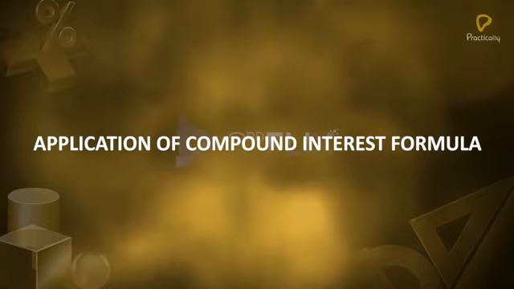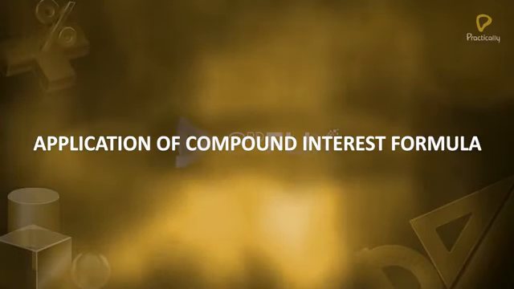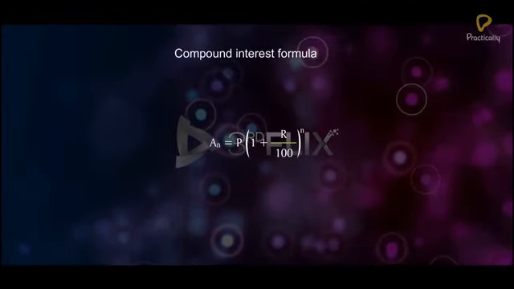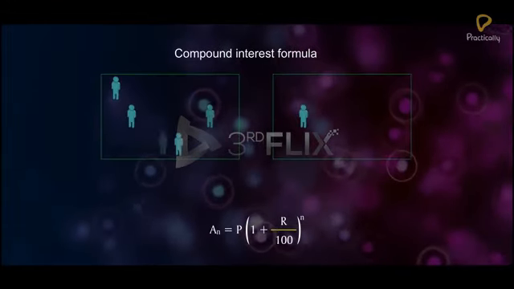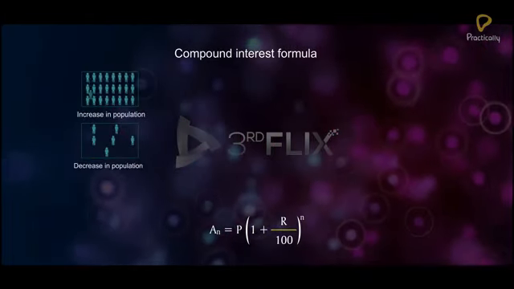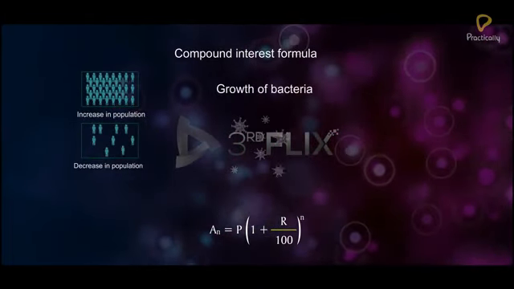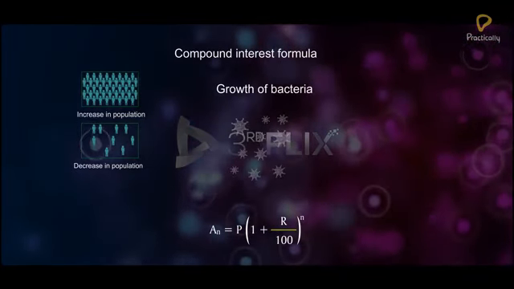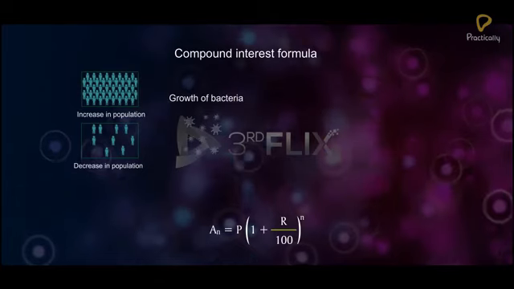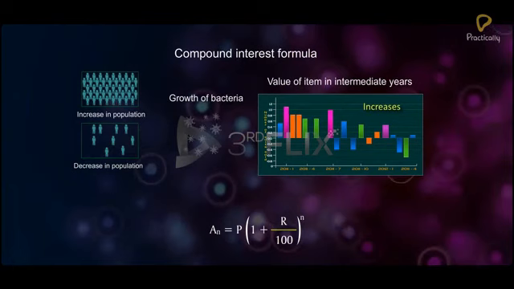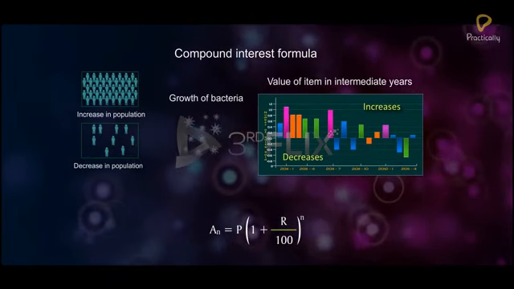Application of compound interest formula. Some of the applications of the compound interest formula are to find increase or decrease in population, the growth of bacteria, if the rate of growth is known, and the value of an item, if it increases or decreases in intermediate years.